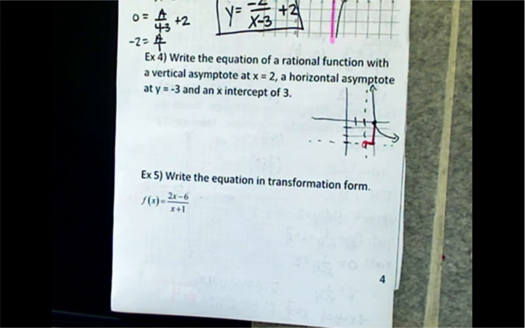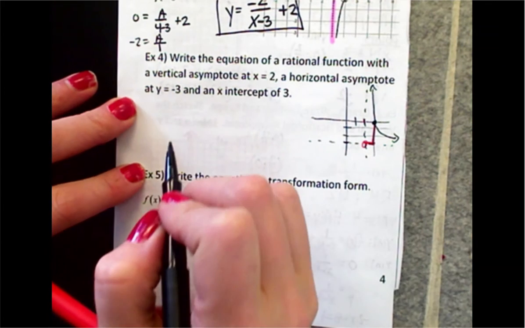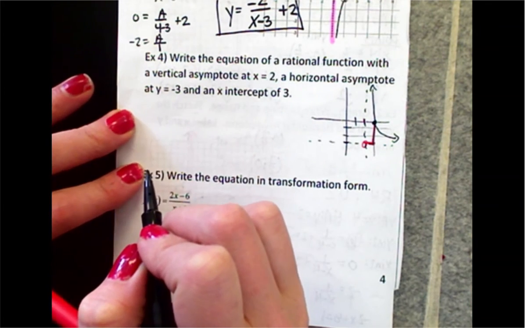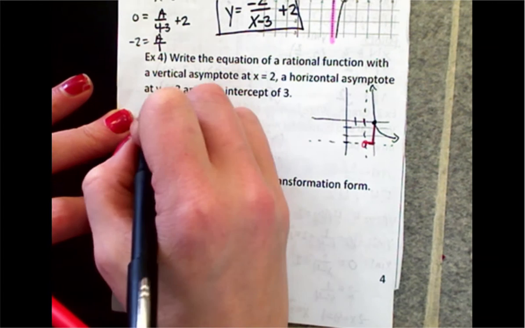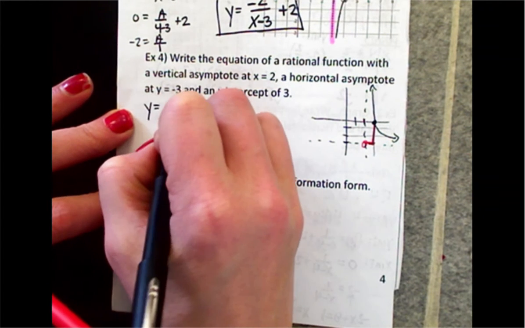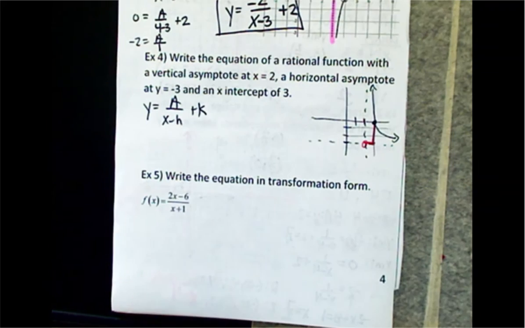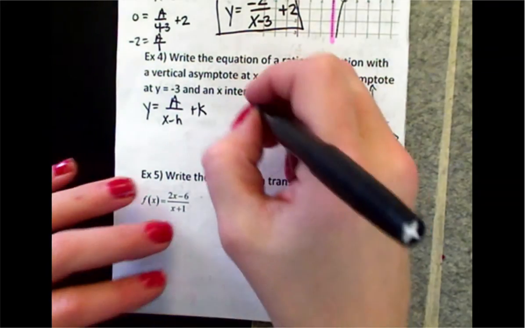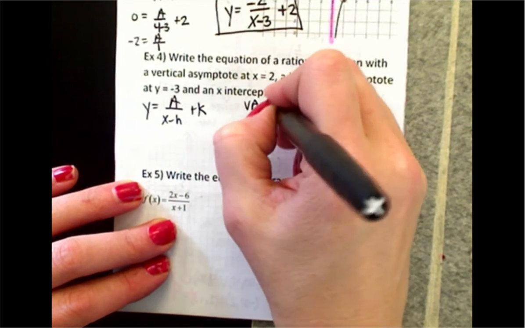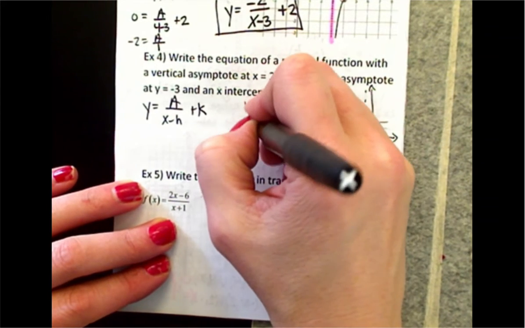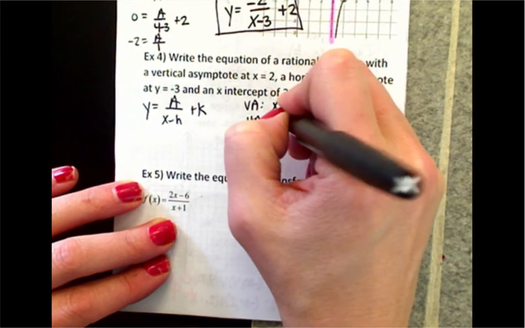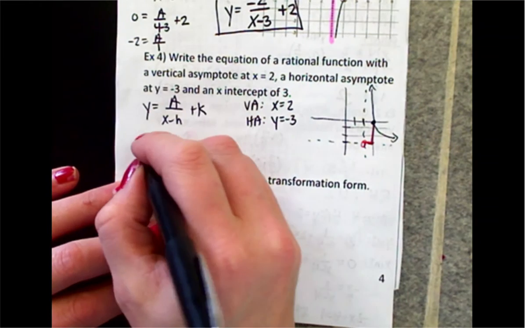It was going to be 1, 1, but I had to multiply. Positive A value because I'm in the top right quadrant. So, does that mean the A value would be 3? Yes, it does. So Y equals A, H, K. Vertical asymptote, X equals 2. Horizontal, Y equals negative 3.